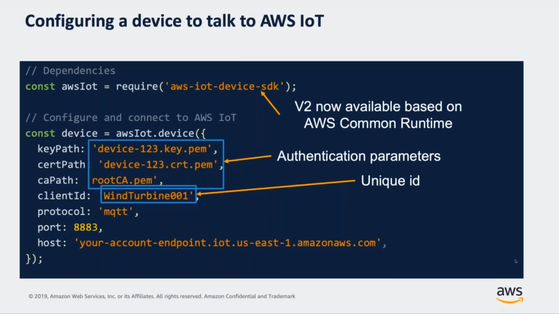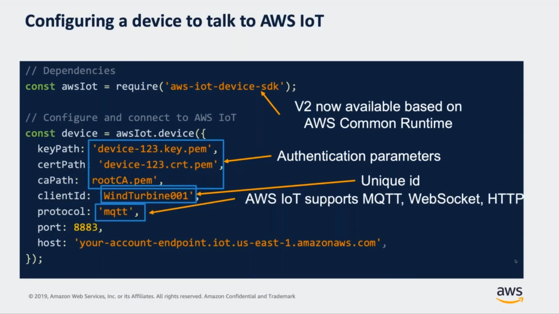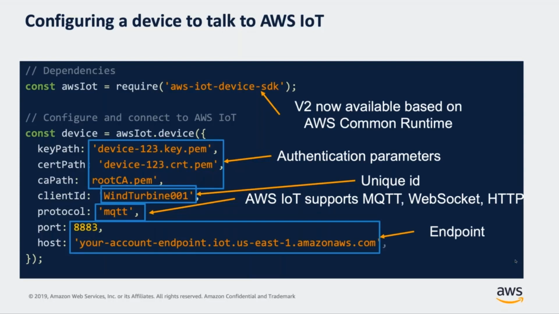Every device needs to have a unique client ID. You also need to specify the protocol, and AWS IoT supports multiple protocols. You could connect to AWS IoT using MQTT, WebSockets, or an HTTP connection. And finally, you'll need to specify the endpoint to which you're going to talk. Every AWS region has a unique endpoint, and you need to specify that endpoint here as a configuration parameter.